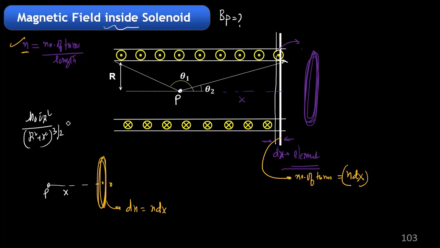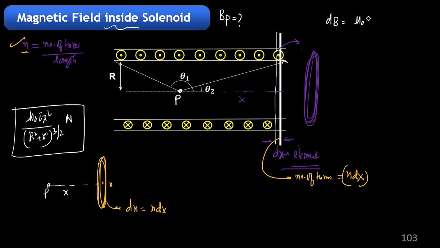This formula I have to apply with capital N as a multiple. This is the formula that I am going to apply for calculation of the solenoid. Mu naught is the same. I want to calculate the dB. What is I? I is the same amount of current that is going through everything.